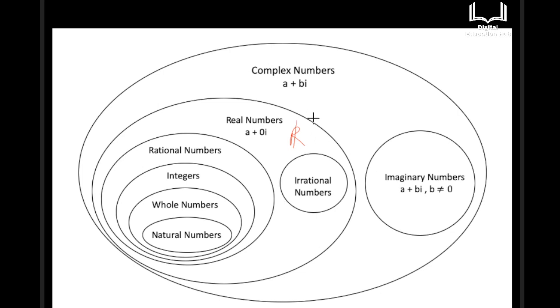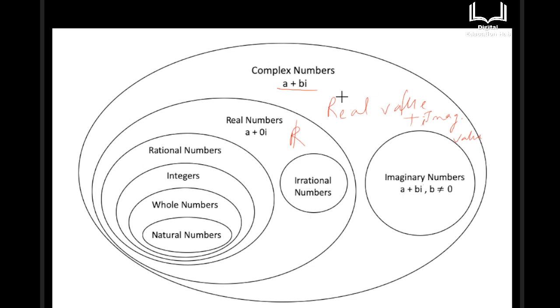So when I am considering the real value and combining that real value with the imaginary value, along with i, this becomes a complex number. You can see this representation.